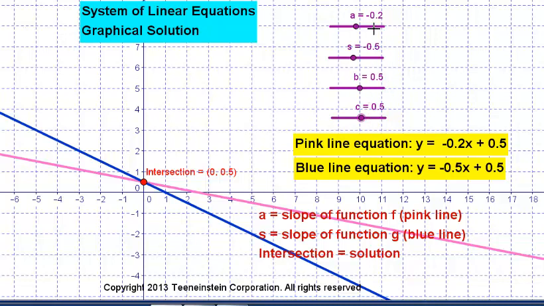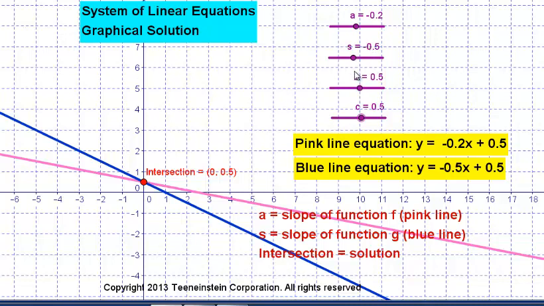So when the slopes are not equal and the y-intercepts are equal, we know the solution immediately. No need to solve. The solution of the system is x equal to 0 and y equal to the y-intercept, provided the slopes are not equal.